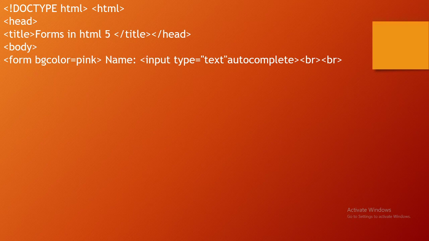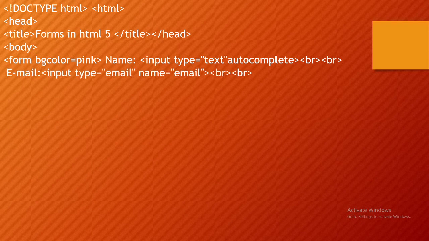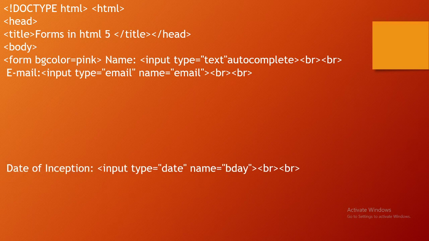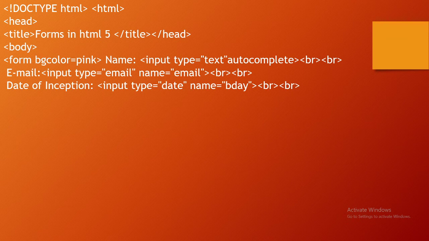Then, using autocomplete attribute, user can see previous entered values. Next, email. Input type is equal to email. Creates a field which takes email address from user. Then date. Input type is equal to date.